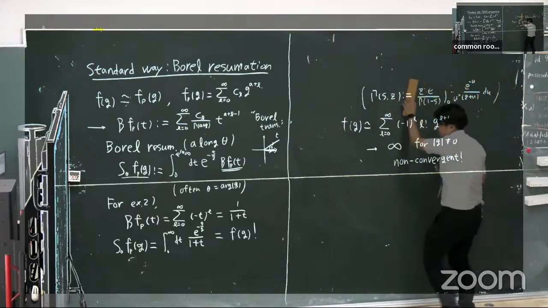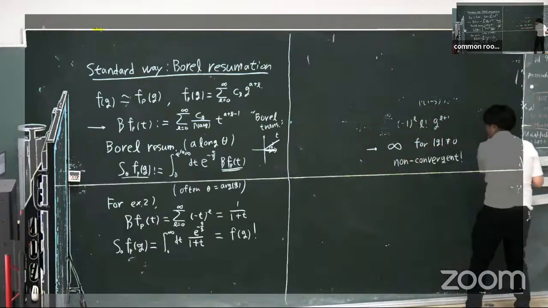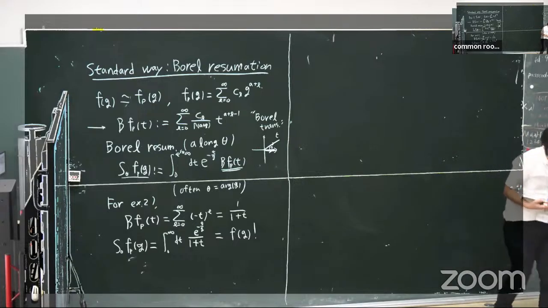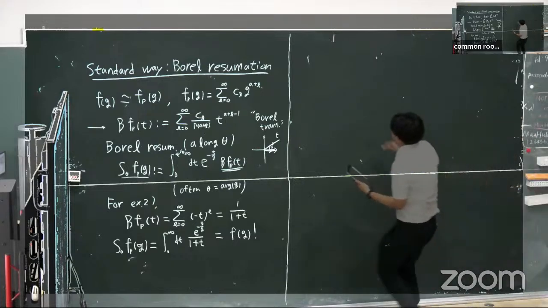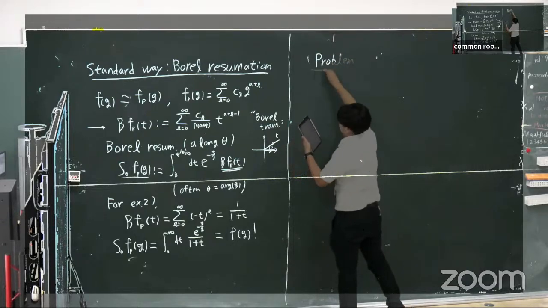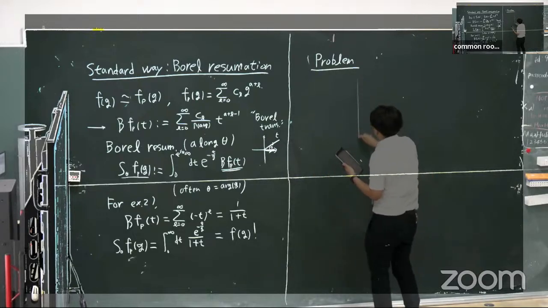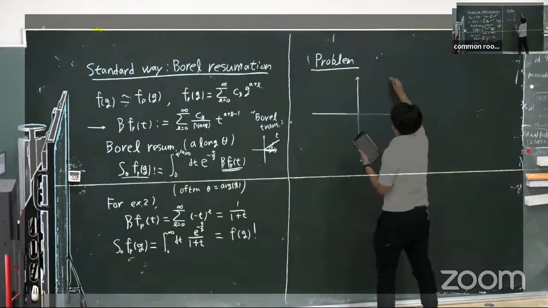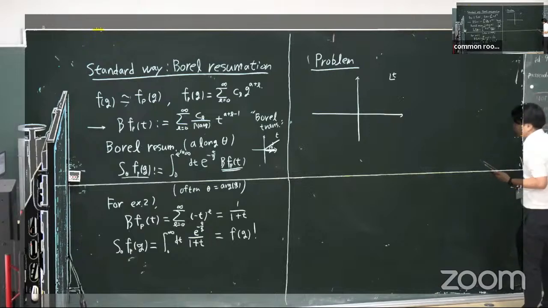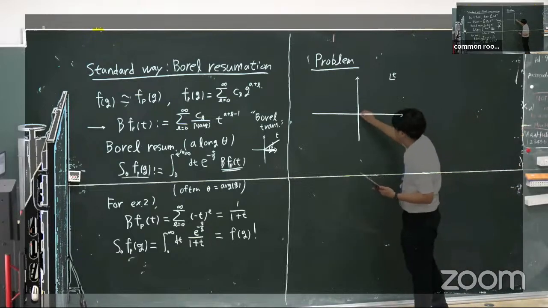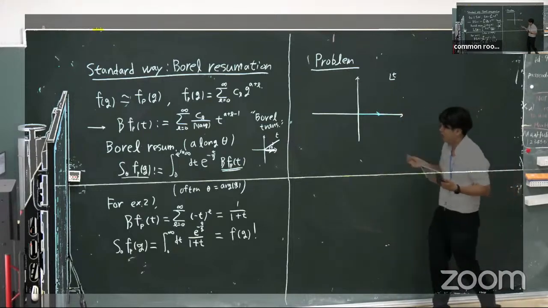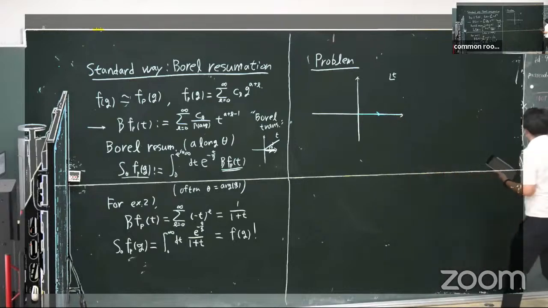Indeed, Borel summation is not magic, and there are a couple of situations. This is the complex plane of t, called the Borel plane. And suppose we want to, as in typical physics problems, usually take this direction for the contour.